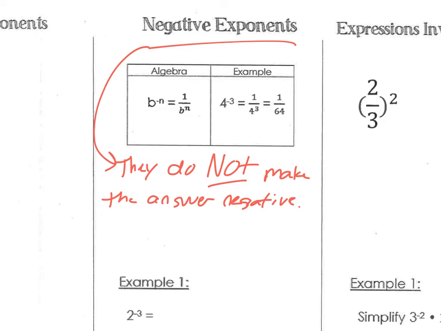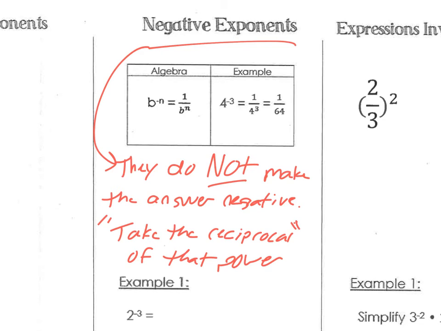Instead, it is more like they take the reciprocal of what that power would be. That's one way we can think about it. There's some other ways too you learn as you start working with these more and go into 8th grade, but it takes the reciprocal of that power.